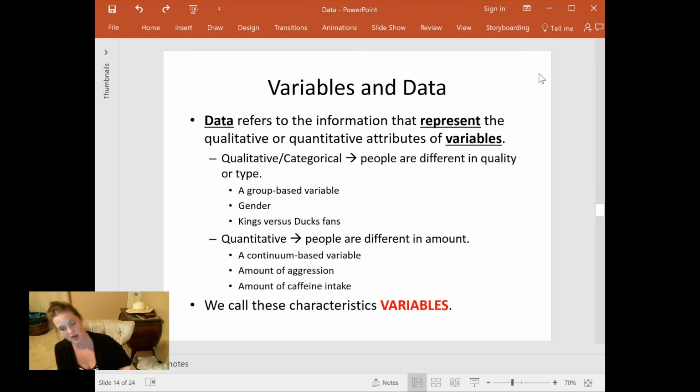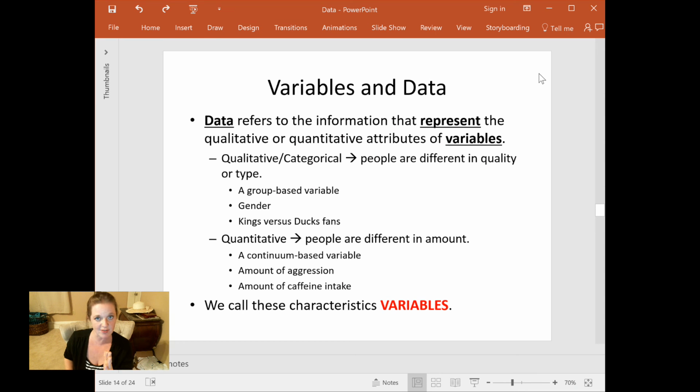Quantitative variables, on the other hand, generate quantitative data. This is what we call a continuum or a range-based variable, where people can be different along a continuum from high to low. You might ask, how much aggression do a group of children have? Some children have an aggression index of 57 on a scale of 0 to 60.